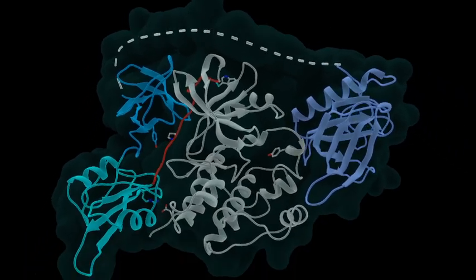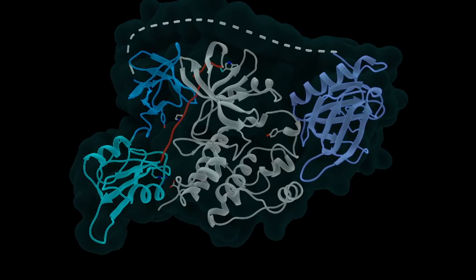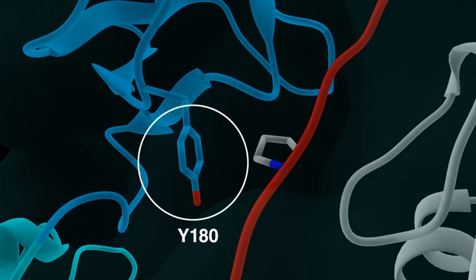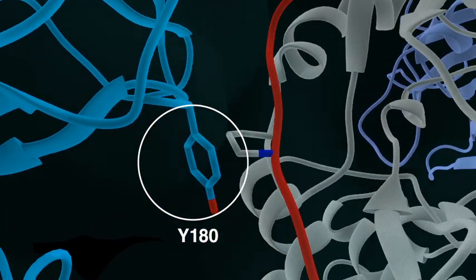In the fully autoinhibited form, the ITK SH3 domain contacts the SH2 kinase linker region in much the same manner as the previously characterized Src family kinases. The autophosphorylation site, tyrosine 180, sits in the ITK SH3 binding pocket, and phosphorylation of this tyrosine likely leads to changes in ligand binding affinity for the ITK SH3 domain.